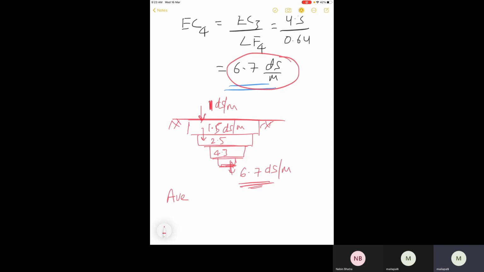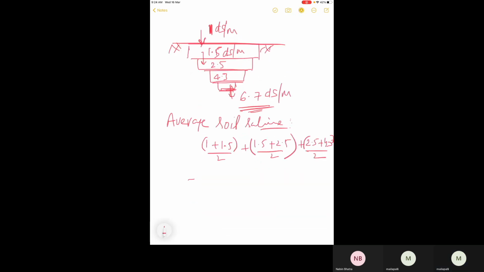So the average soil salinity will be 1 plus 1.5 by 2, plus 1.5 plus 2.5 by 2, plus 2.5 plus 4.3 by 2, so layer to layer, plus 4.3 plus 6.7 by 2.